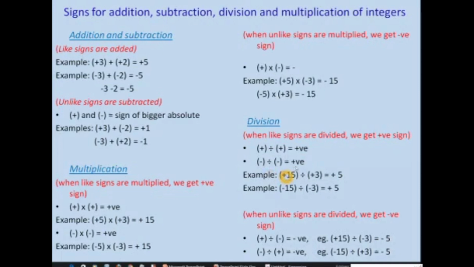Plus 15 divided by plus 3. Both of them are positive, both of them are plus. It means they are like signs. We get plus. Minus 15 divided by minus 3. Both of them have the same sign, minus and minus. When minus is divided by minus, we get plus. The answer is plus 5.